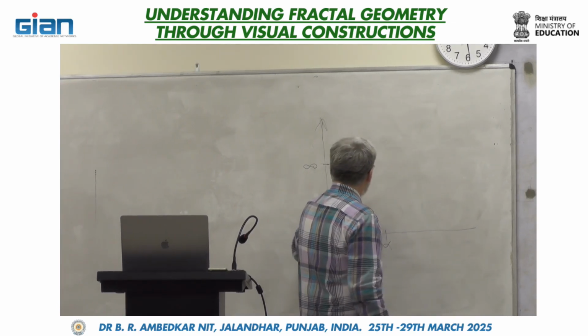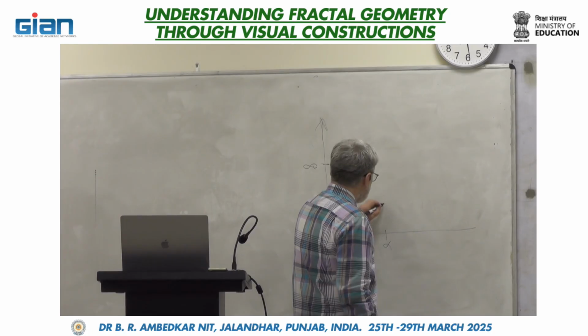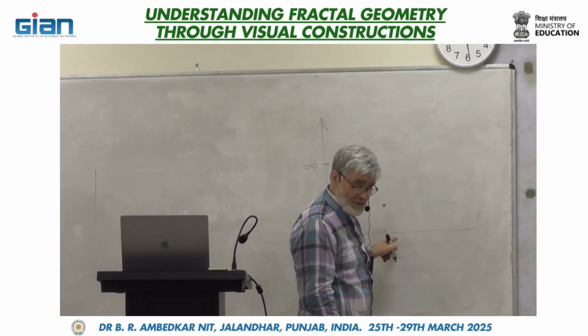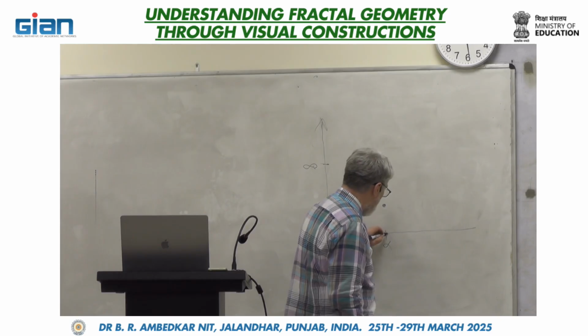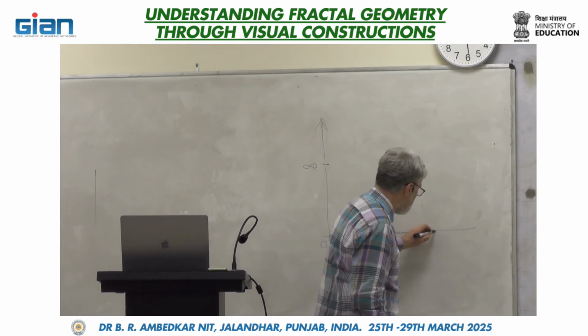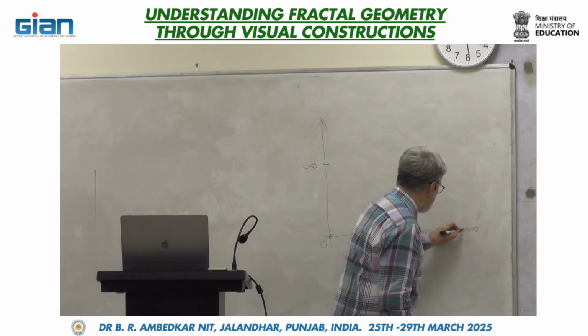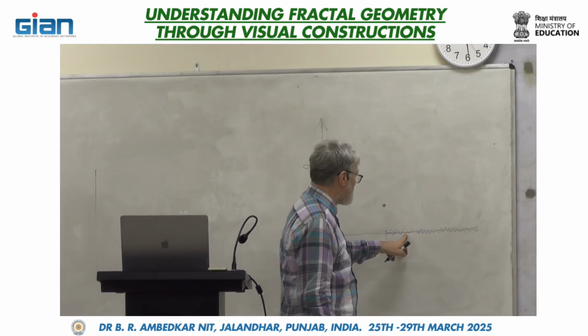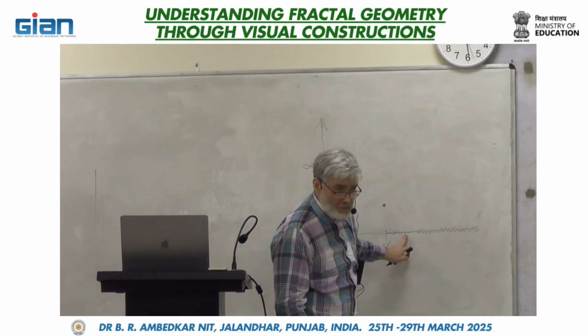So if H alpha of K is finite, then for all greater beta, the beta dimensional measure of K is 0.